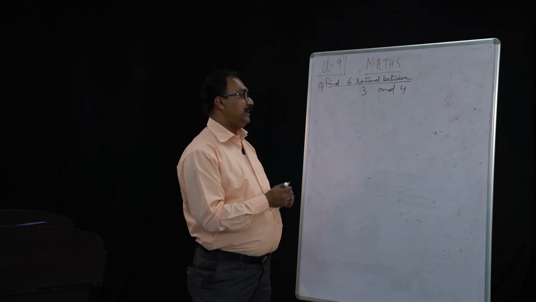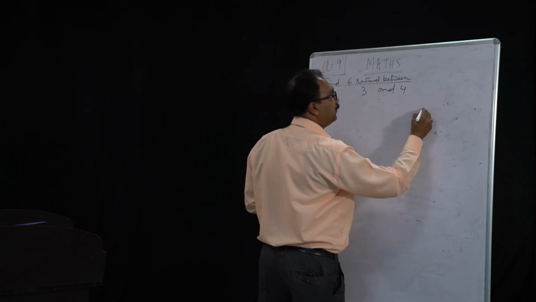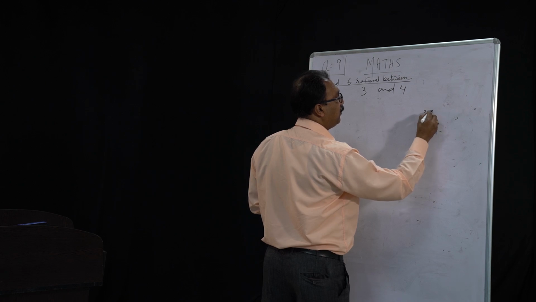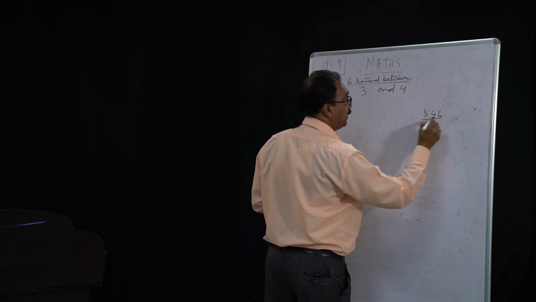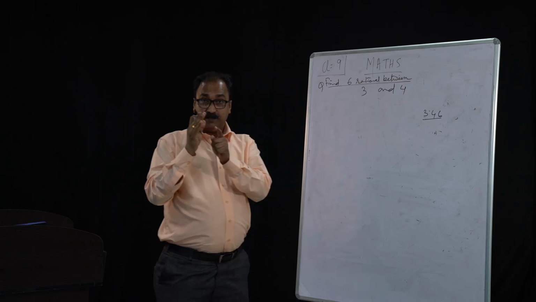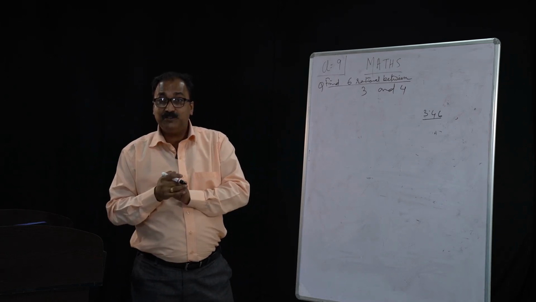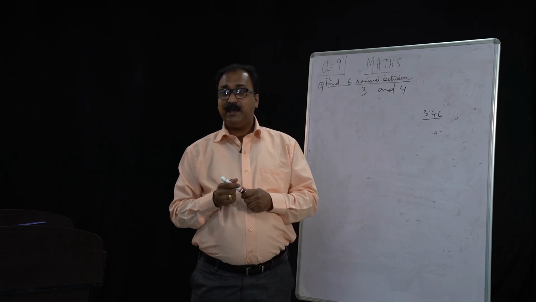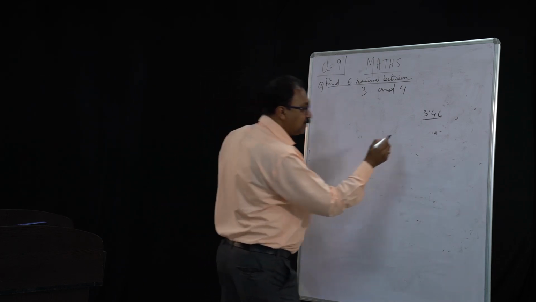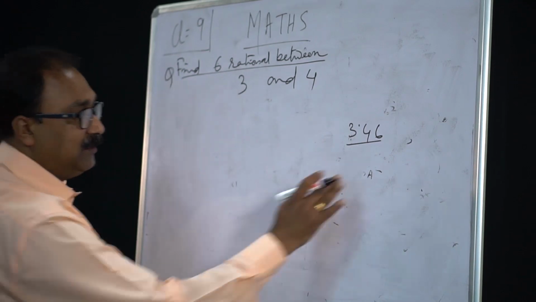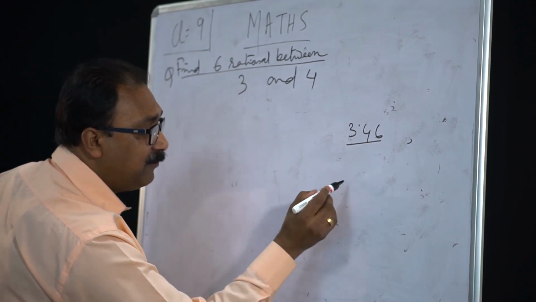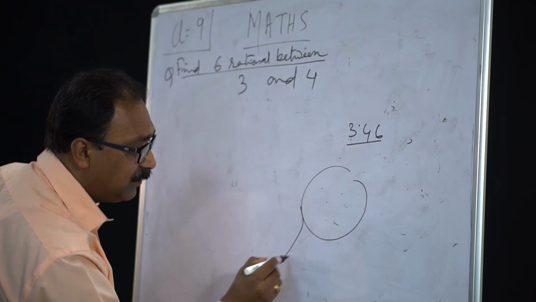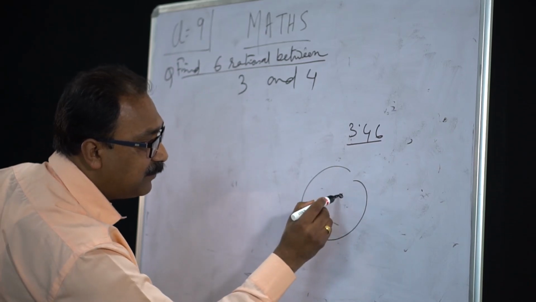I'll show you how to visualize a number. Suppose the number I have to visualize is 3.46 on the number line. It is a subdivision of a subdivision. How to visualize? You might have used a magnifying glass at home sometimes. Things are too small, this dot is too small, but if you use a magnifying glass, you can see the number is very big.